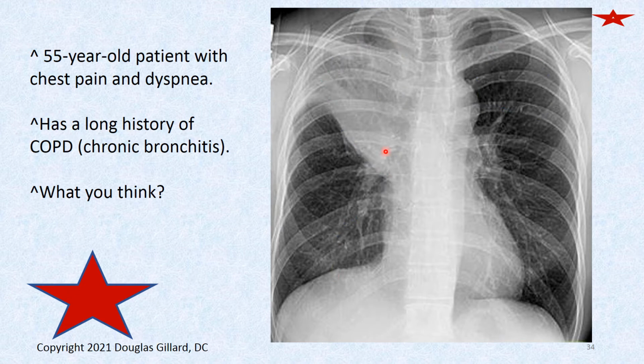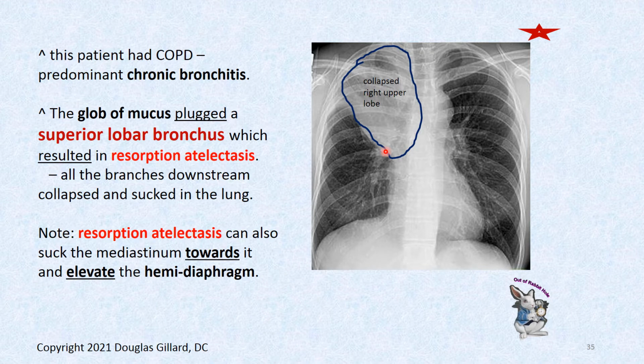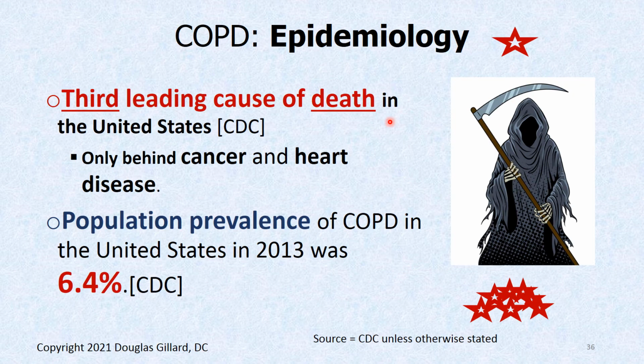That's a patient with chronic bronchitis, and that can happen. The superior lobar bronchus is completely blocked, and that's what you get. That is a reabsorptive atelectasis, and it sucked up the hemidiaphragm. It can also suck the trachea over toward it, and it can suck the mediastinum toward it if it's bad enough.